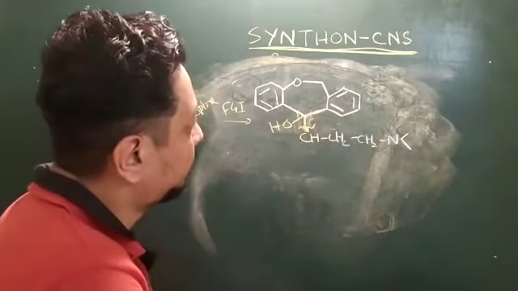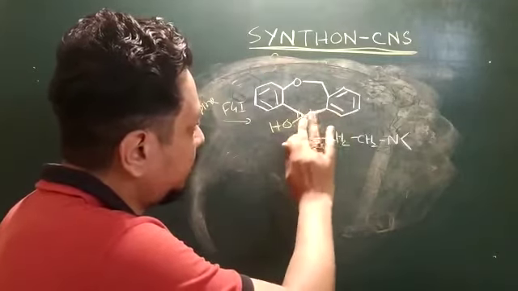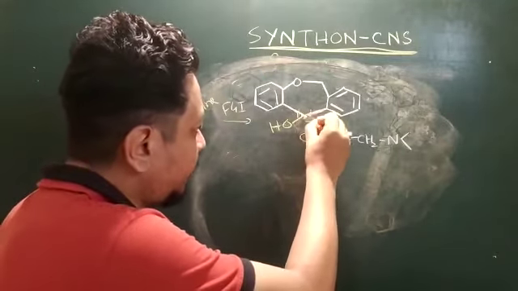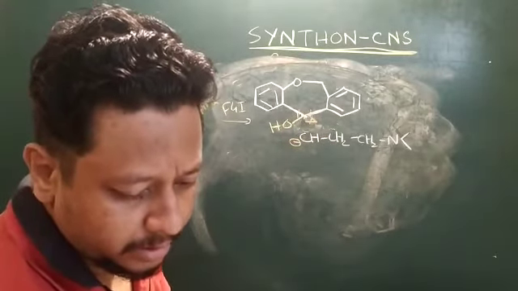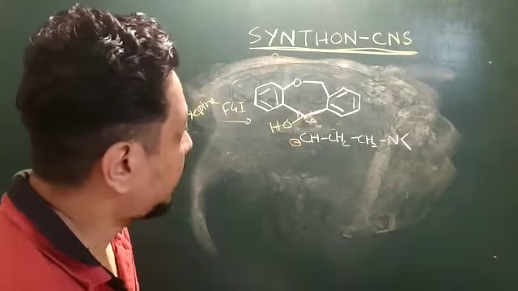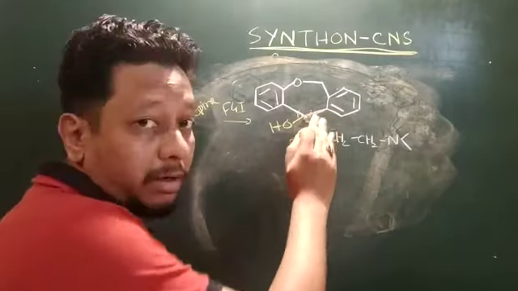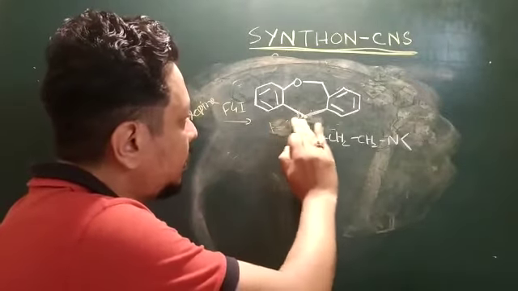Then we'll be getting synthons, the CH is plus and this is minus. Right. So the moment you get plus over here, as we know from the chart I have mentioned, I can draw a ketone over here.